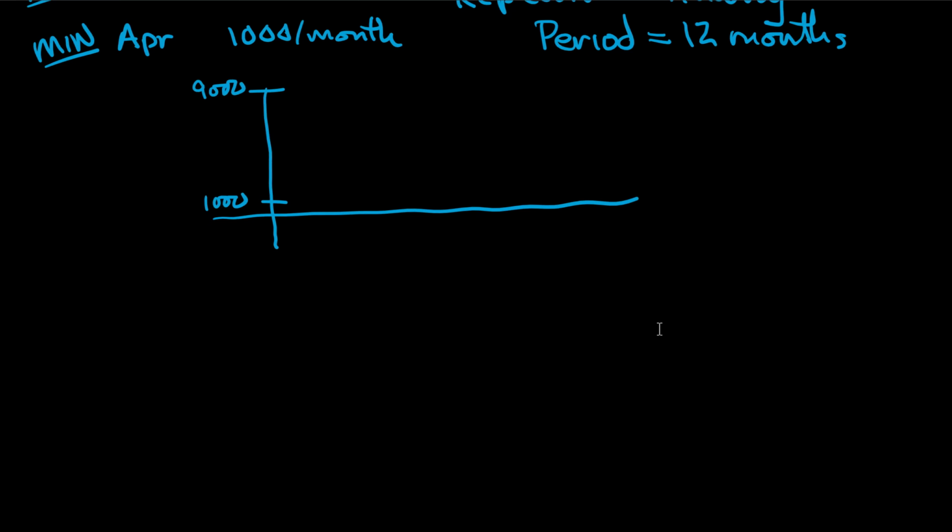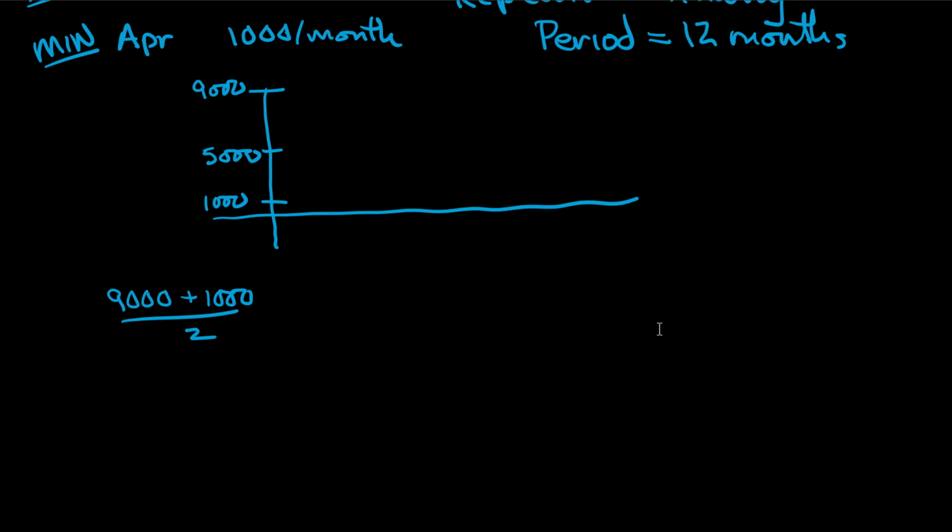Now, how do we find the midpoint? The midpoint is halfway between. Well, that's going to be the 9,000 plus the 1,000, we're just doing an average here, divided by 2. So our midpoint is going to be at 5,000. So the average number of coats they're making is 5,000.